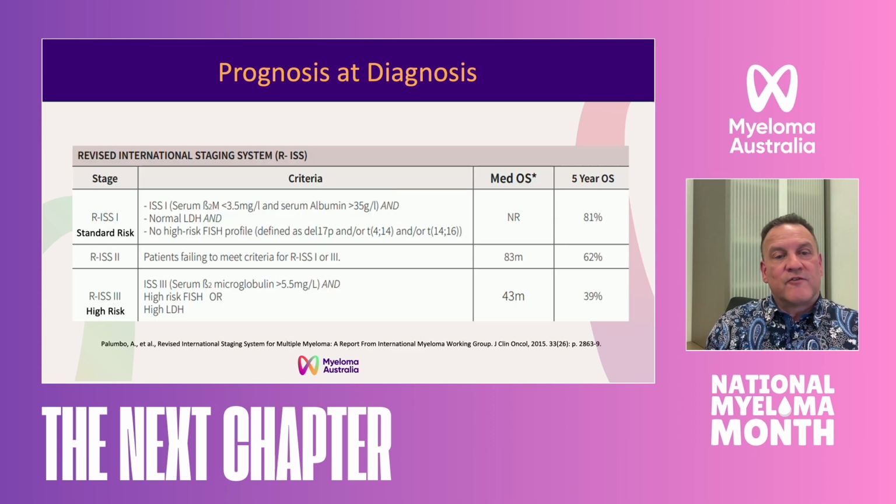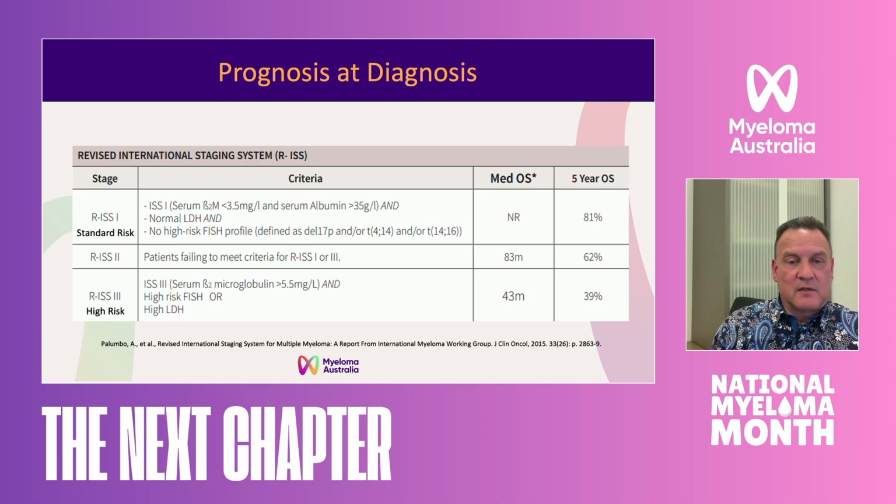We use this information in combination with some of the other tests like beta-2 microglobulin, albumin, and LDH to put into a calculator to generate a score to say whether a patient has standard risk myeloma or high risk myeloma, and therefore that may change the treatment available.